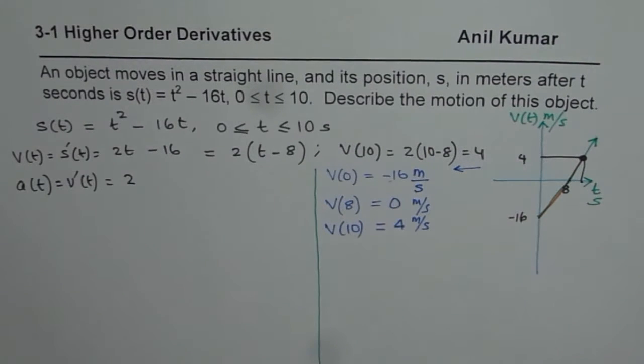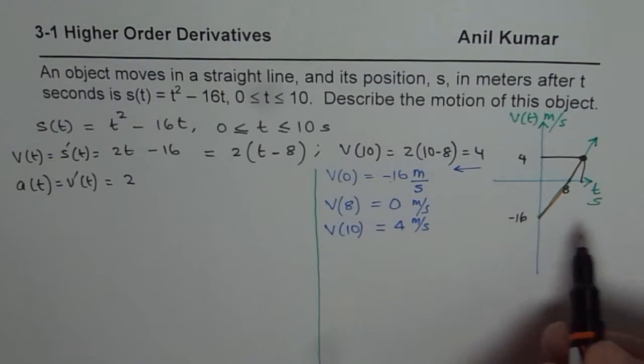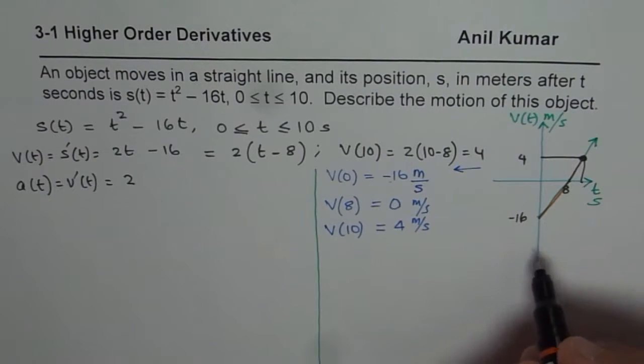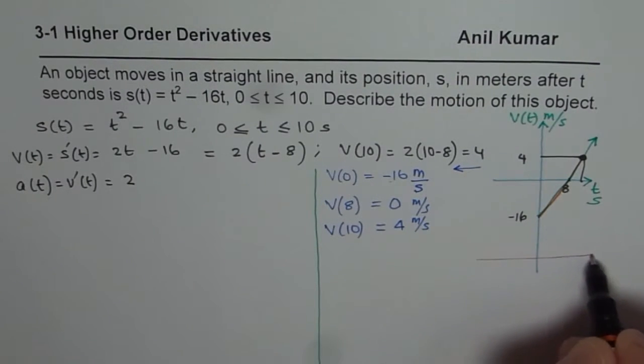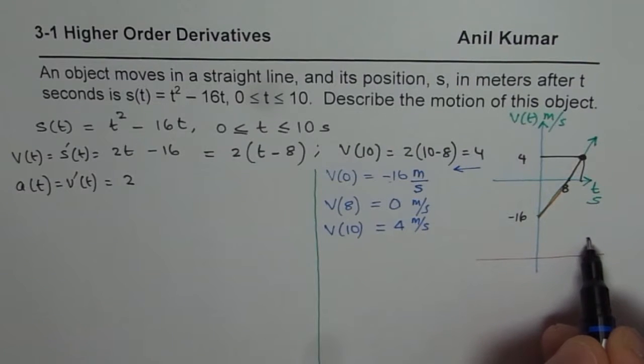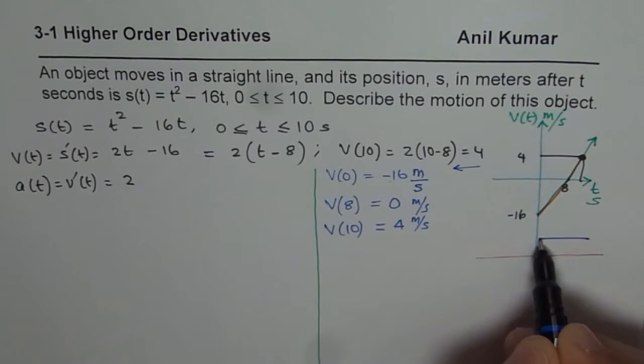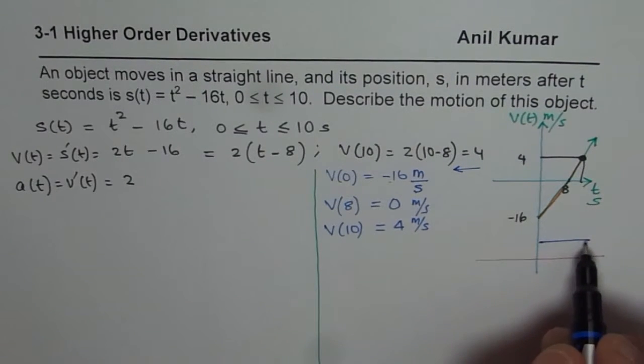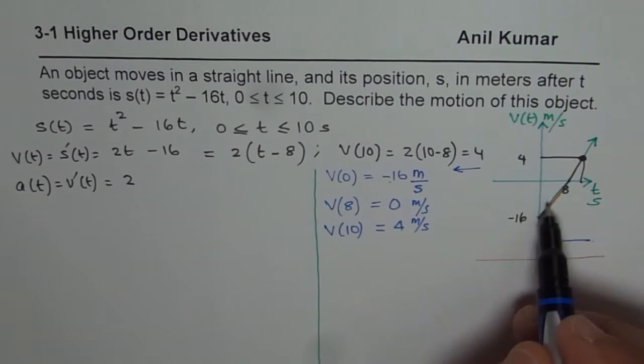Let me now sketch a linear graph and show it. Initially the object moves towards left like this, right? Do you see that? And it moves towards left for 8 seconds.